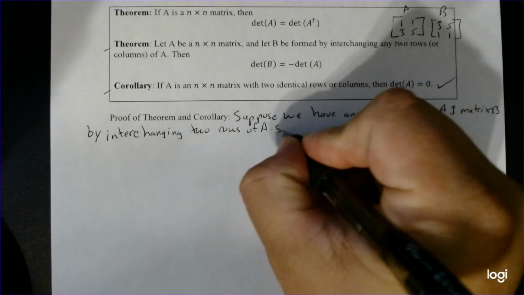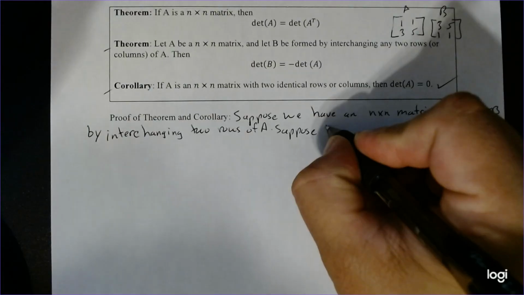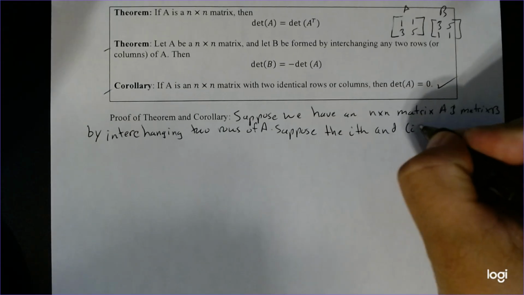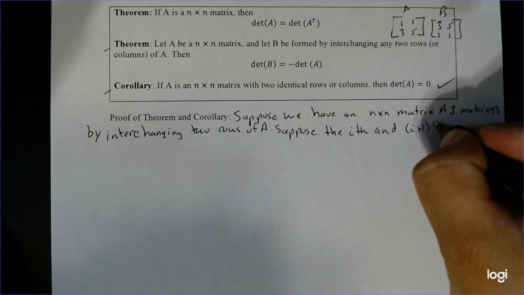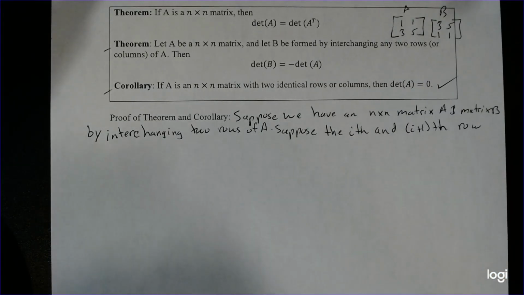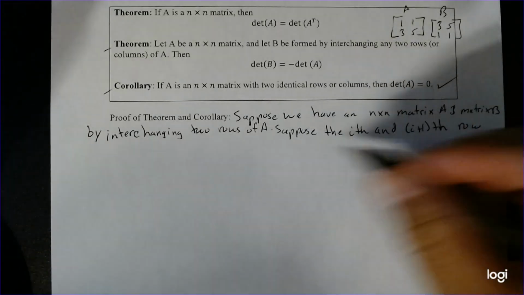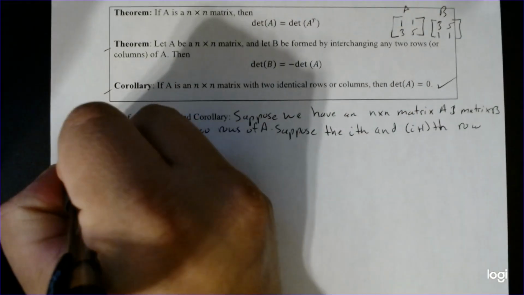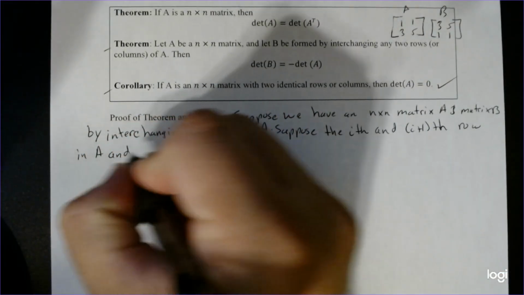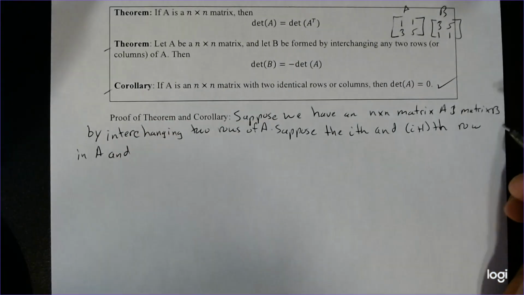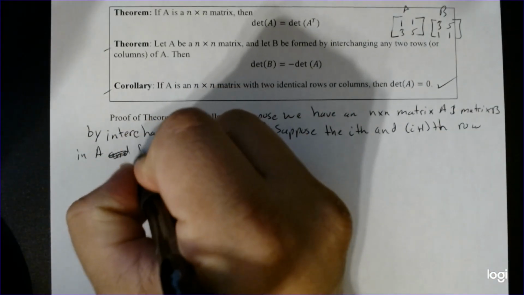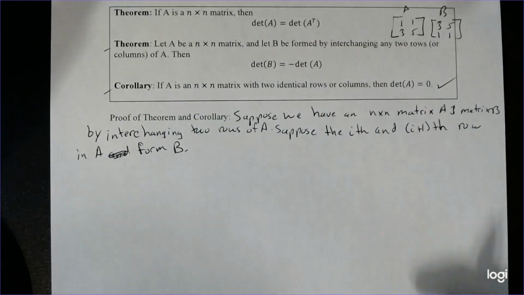So we're going to suppose the ith and the (i+1)th rows are the ones we interchange in A to form B. We'll start with that basic setup.